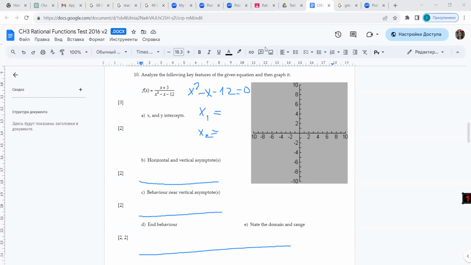A is correct, Safa. B, yeah. On vertical asymptote, your statement C is correct, but on horizontal asymptote, from which side does it approach this horizontal asymptote?